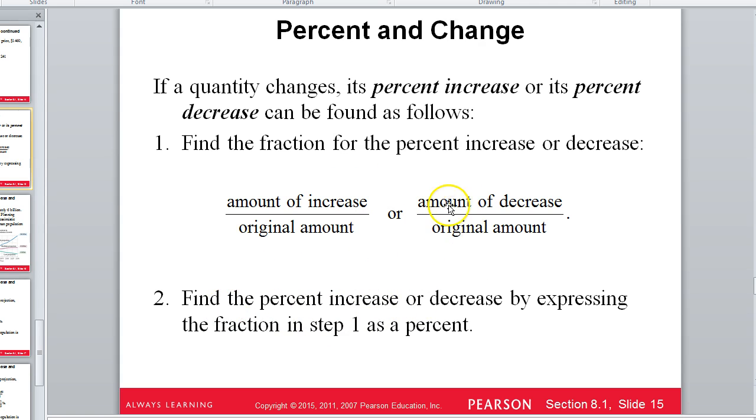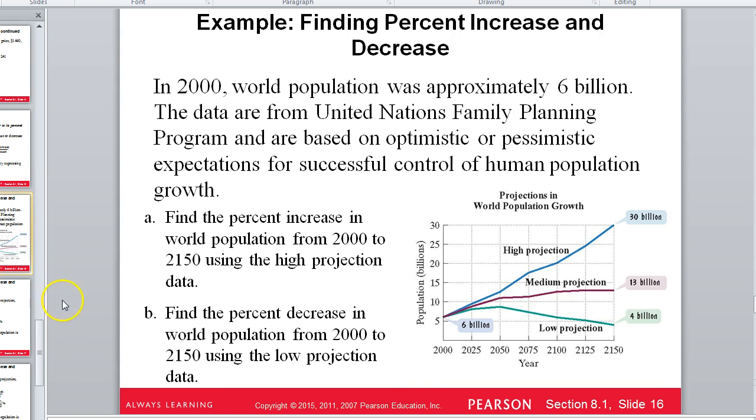All right, but after we do that division, remember this will be a division, it'll end up being a decimal, and we are going to change that decimal to a percent, right, or a fraction. Do the division to get a decimal, and then change it to a percent. So let's look at an example. So in 2000, the world population is approximately 6 billion, and this is the data from the United Nations Family Planning Program.